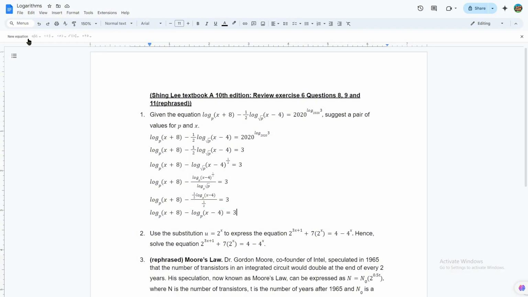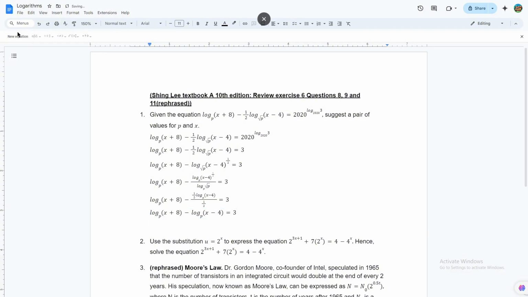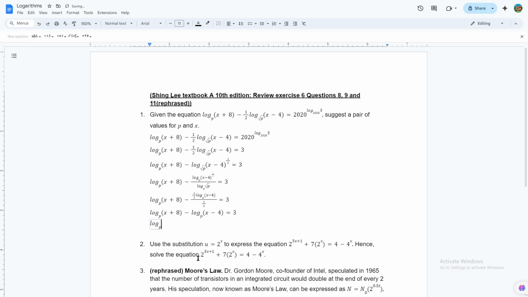Next, we can combine both logarithms into one single logarithm with log base p of. To combine two logarithms where one logarithm is subtracting the other, you must divide what's inside the logarithm.